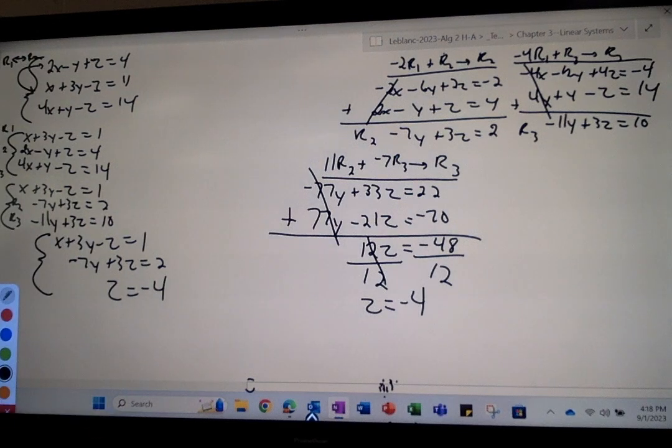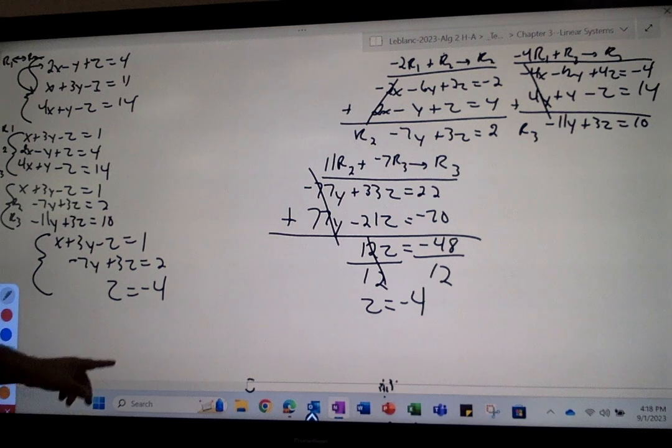Now, it's not quite in triangular form because of that negative 7y right there. But here's the good news: you don't have to put it in perfect triangular form. All you need is 3 variables here, 2 variables here, 1 variable here, and from there we can use substitution to find the solution to this system.